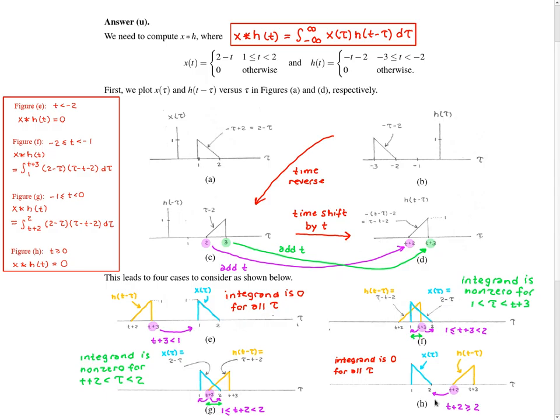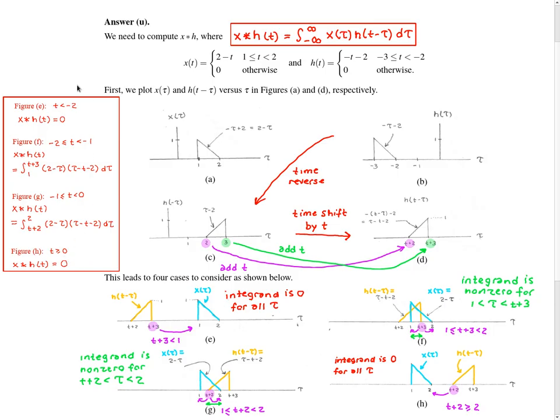And the basic essence that this diagram is trying to capture is that this point 2 here is to the left of this point t plus 2. This is the reason why these two functions are never simultaneously non-zero, because this point here is to the left of this point. And in terms of an inequality, we have t plus 2 is greater or equal to 2. And we can subtract 2 from both sides of this inequality, and this gives us t greater or equal to 0.